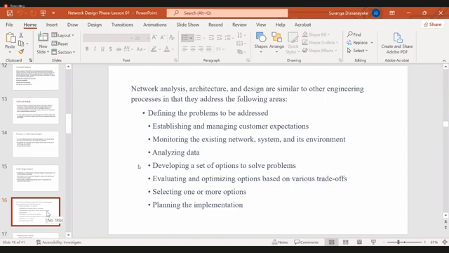The normal architect will design the house plan, and in the same way, when we apply this to networks, the solution architect will design the network layer.